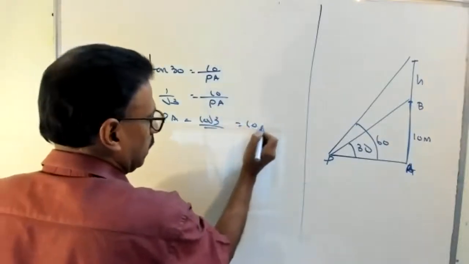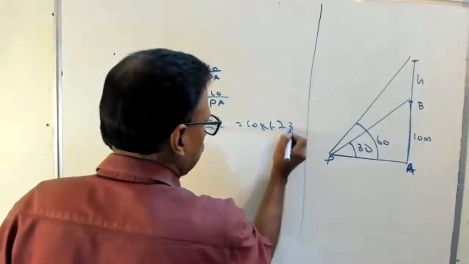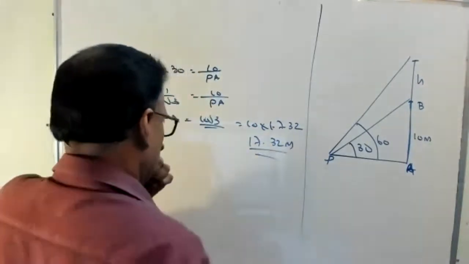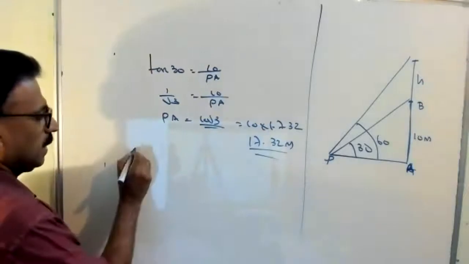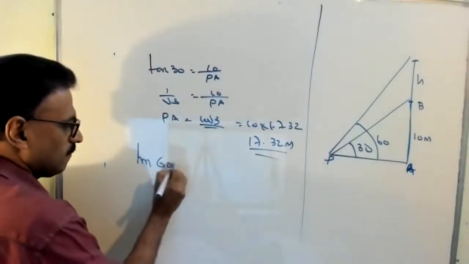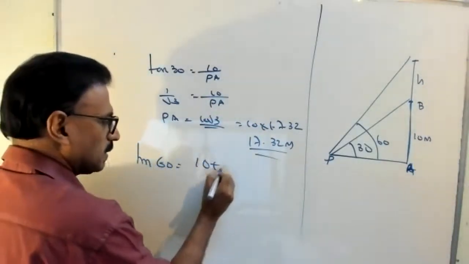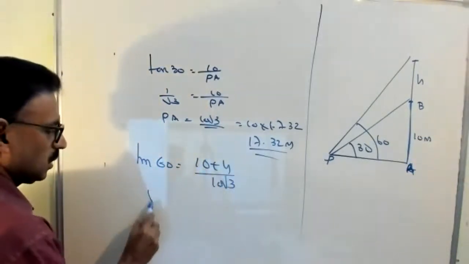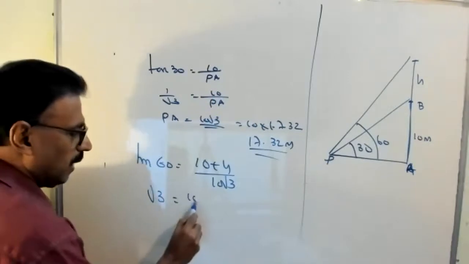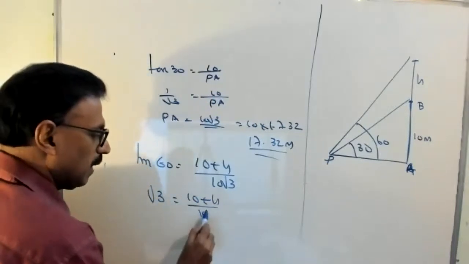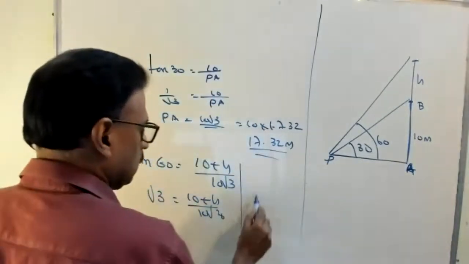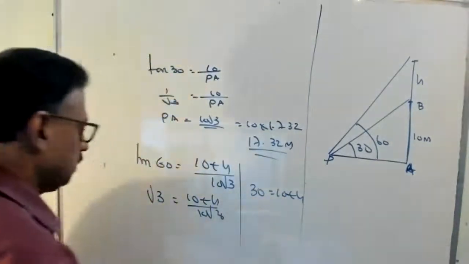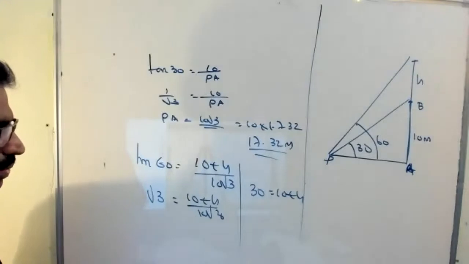You can find out that 10 into 1.732 is 17.32 meter. Then next, tan 60, root 3 equals 10 plus h divided by 10 root 3. That is 30 equals 10 plus h. Correct? H equals 20.